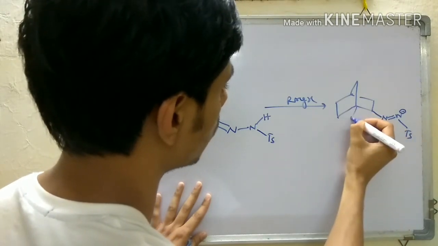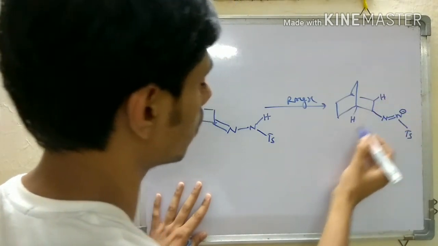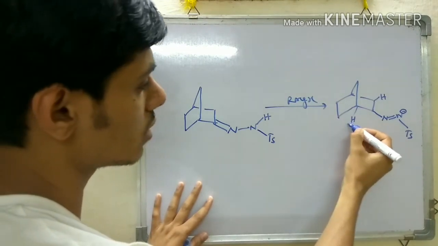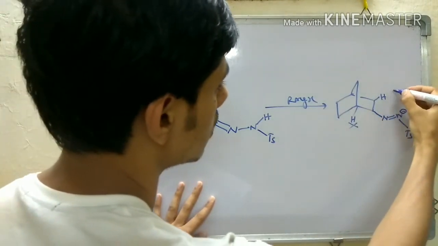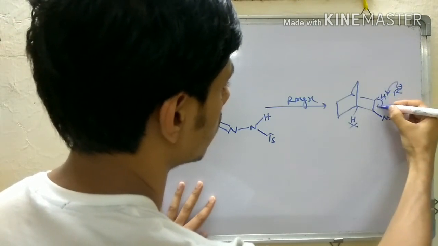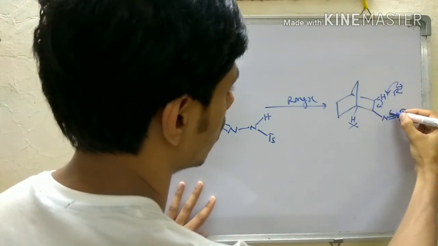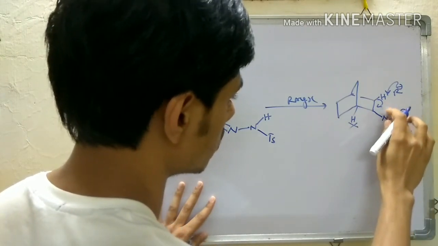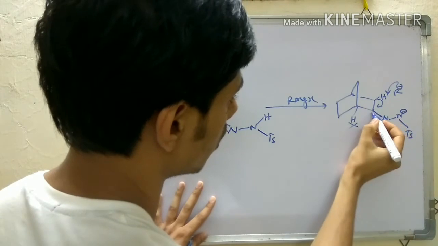Now you can see there are two hydrogen, this one and this one, but you know that in bridgehead you cannot form double bond, so this hydrogen cannot be eliminated. Instead you can deprotonate this one, so R minus will deprotonate this, and actually I made a mistake here. You should have this.